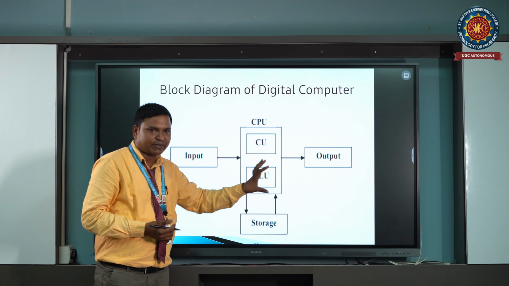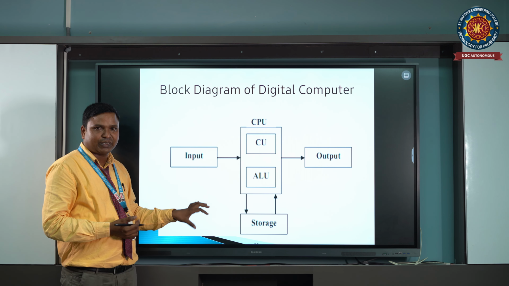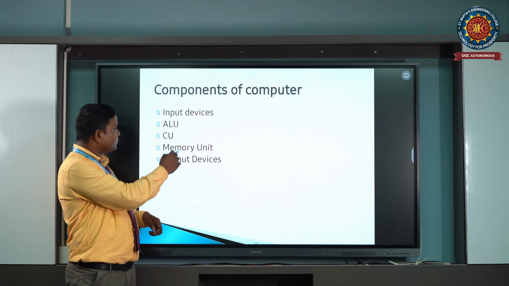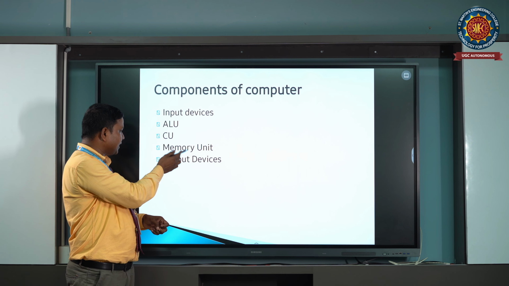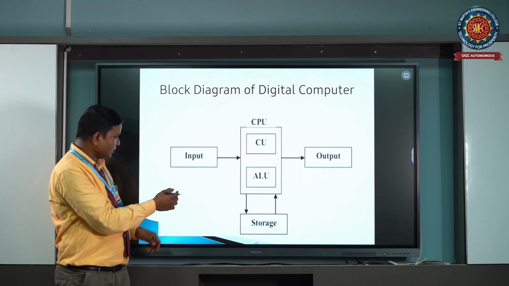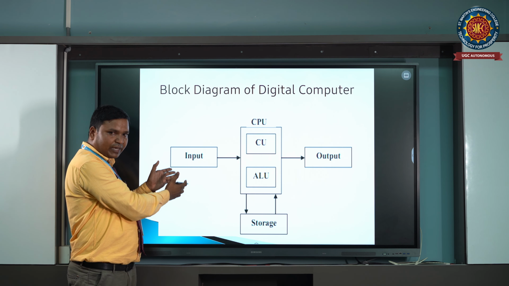So first of all, what is the block diagram of the computer? The functional units of the computer are the input device, ALU, control unit, memory and output devices. Now let us see what an input device is and its examples: keyboard, mouse, joystick.